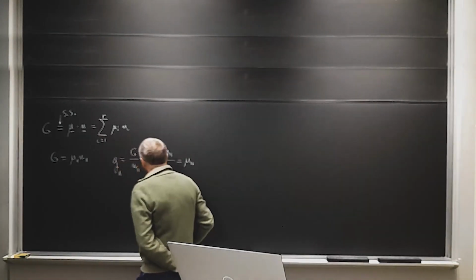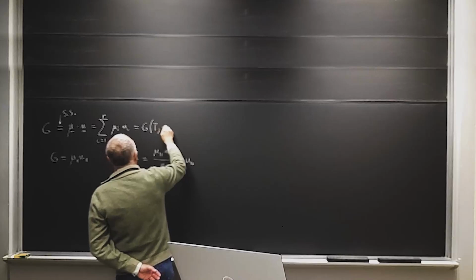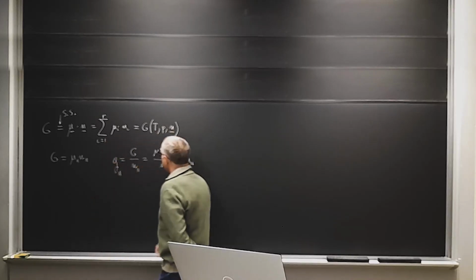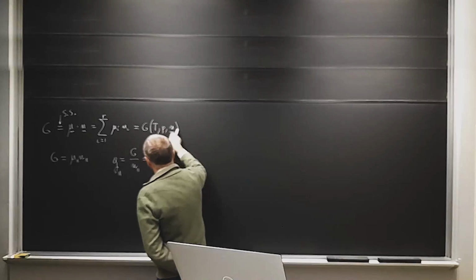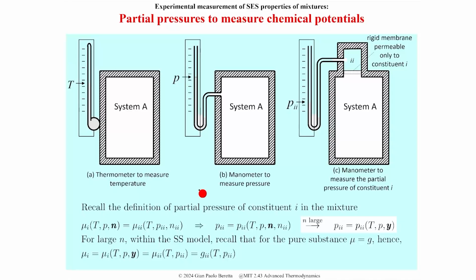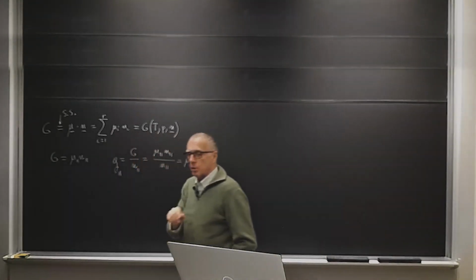Of course, you need to know it as a function, not just one value. You need to know how it varies with temperature and pressure. You need to know this whole function in order to characterize your mixture. And the chemical potentials are the key of the game.